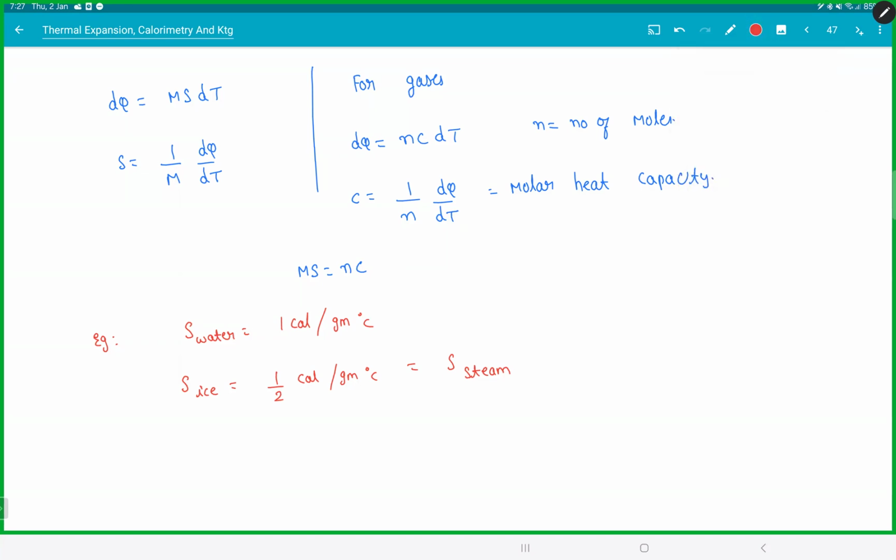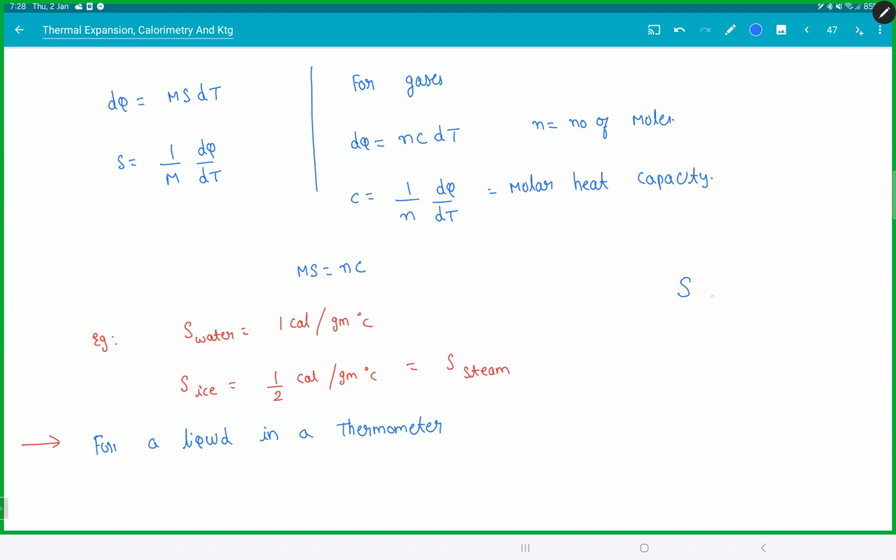Now here I can ask a theoretical question. For a liquid in a thermometer, should it have high specific heat capacity or low specific heat capacity? Should it have high coefficient of volume expansion, or low coefficient of volume expansion?